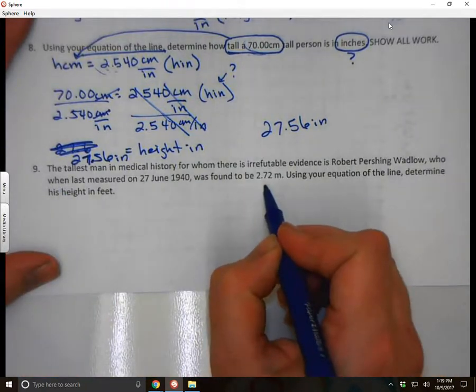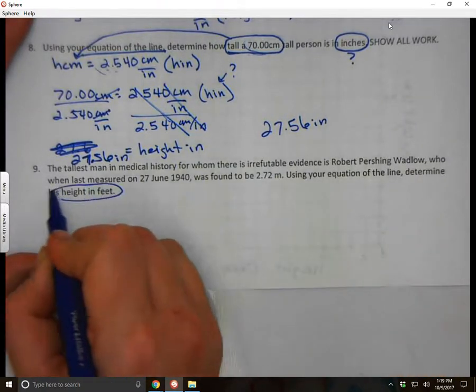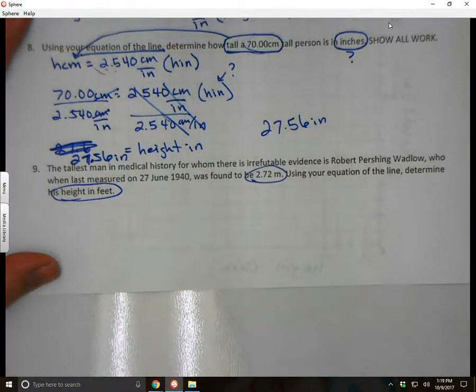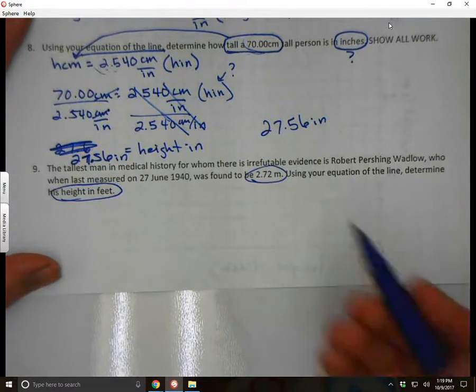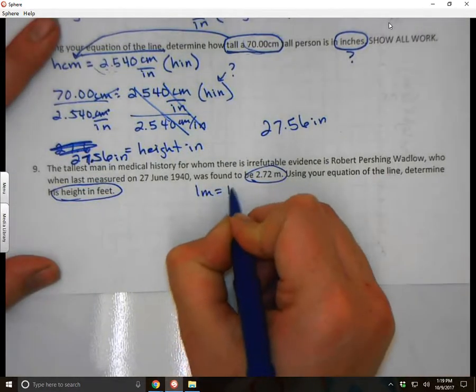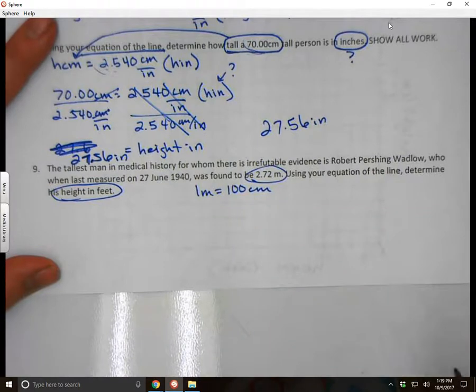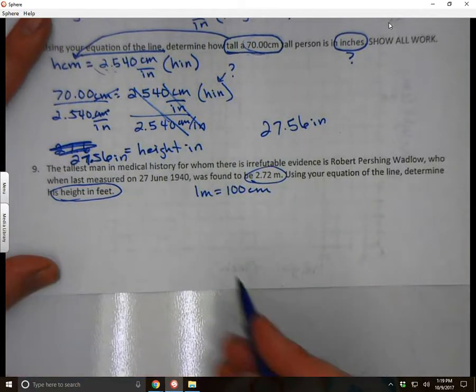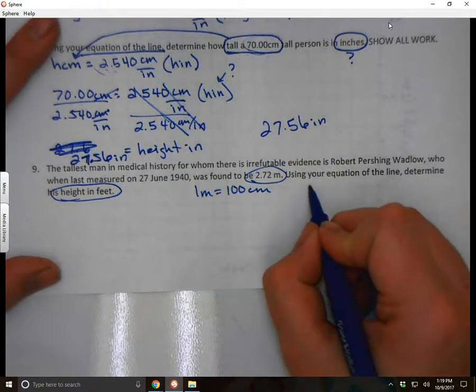And then 12 inches is a foot. So before I can use my equation, I need to get things into centimeters. So let's write our equation down. Height in centimeters equals 2.540 centimeters per inch times height in inches.